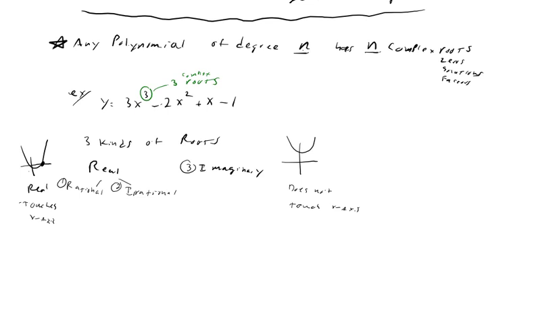And we know that if I add up how many rational roots this equation has, how many irrational roots, and how many imaginary, the total of all 3 together has to equal my degree, which is 3. The total number of roots has to be equal to the degree.